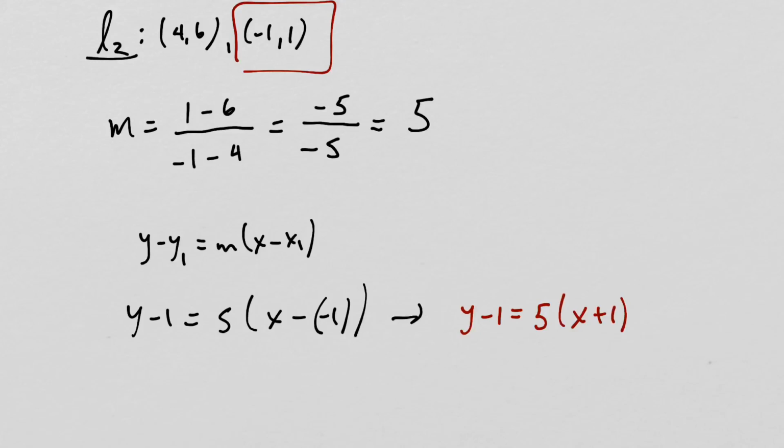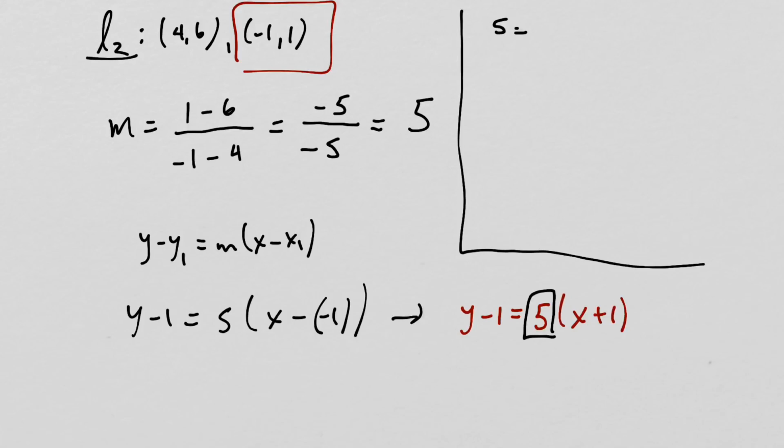Here we have the slope of L2 is 1. The slope of L1 was undefined, which means that since 1 is not equal to undefined, this implies that our lines are not parallel.